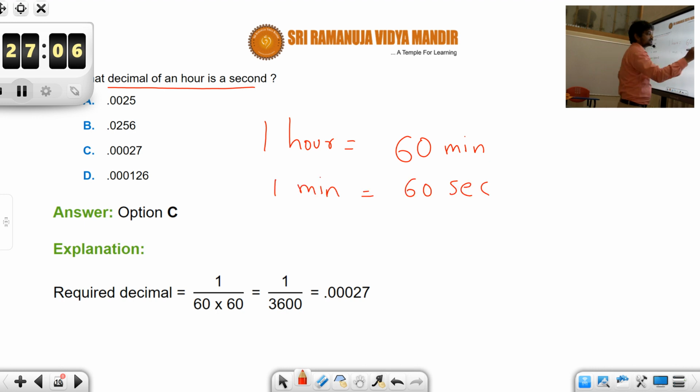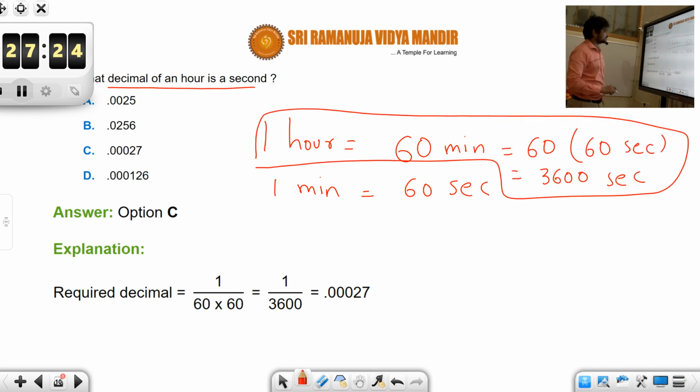So here we can write 1 hour is equal to 60 minutes, and 1 minute is equal to 60 seconds. So 1 hour we can write as 3600 seconds. Right students? Again, these are the basic units and conversions which you might have learned in your elementary classes.